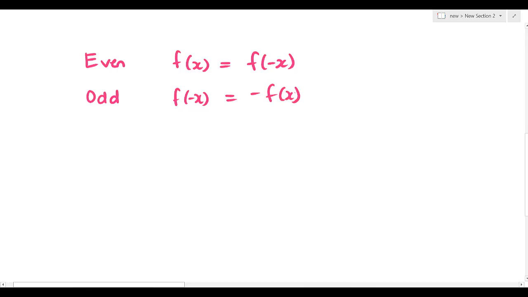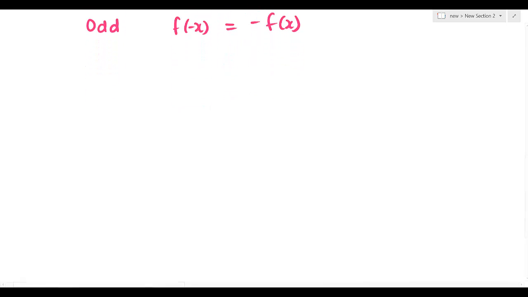And neither functions are those that don't satisfy these two conditions. Like all math questions, it pays to be systematic with your working out. It makes it easier for you to solve your problems, and it also makes it easier for markers to mark you. So it makes it easier for me to mark your exams.